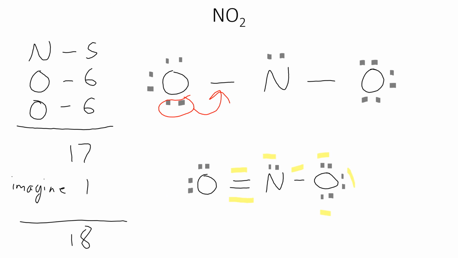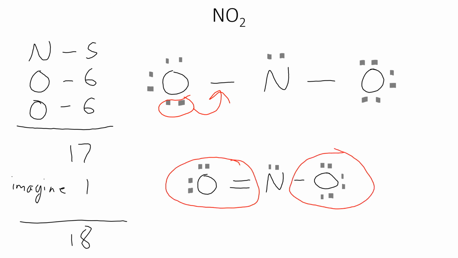Now we would check our octet rule. If I erase the old highlighter marks, now let's go and check out our octet rule. So when we go through and check out our octet rule, starting with the outer atoms, oxygen on the left, oxygen on the right. Oxygen on the left does indeed have 8 electrons, 2, 4, 6, 8 in this area.